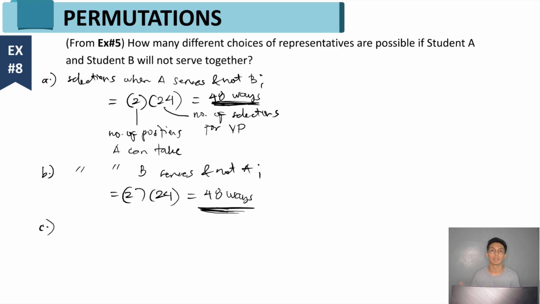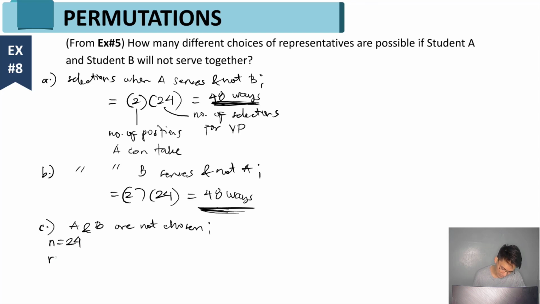And for the last situation, dahil attitude si student A at saka si student B, nag-decide yung klase, tanggalin na lang sila. So, ang mangyayari dyan, A and B are not chosen. Tanggal na sila sa pagpipilian. So, directly, permutation of subsets formula na lang ang gagamitin natin dito. Ang N natin is, tinanggal yung dalawa, si A tsaka si B, 24 na lang.